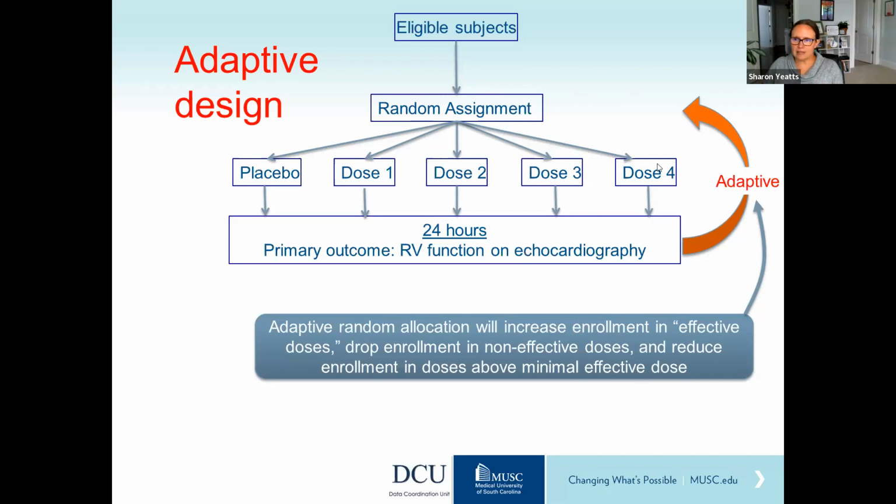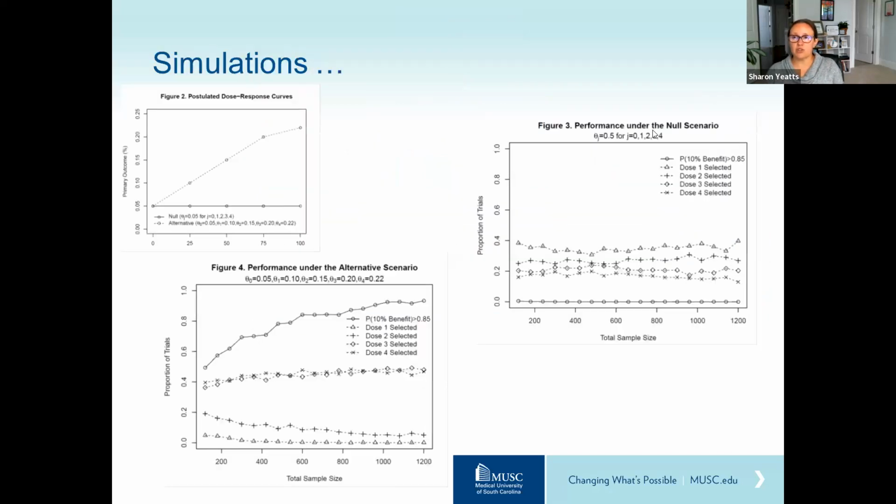The idea behind that is that we'll be getting more patients in doses that look good and less patients in doses that don't look so good. And that should give us a better sense as to where our target dose really ought to be when we're ready to move forward. But the only way to evaluate this particular design is through simulations. And the way that we do that is by hypothesizing truths.